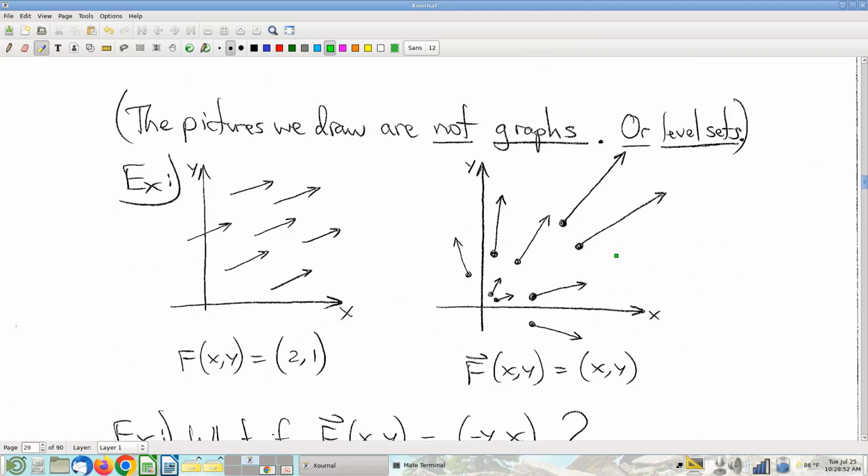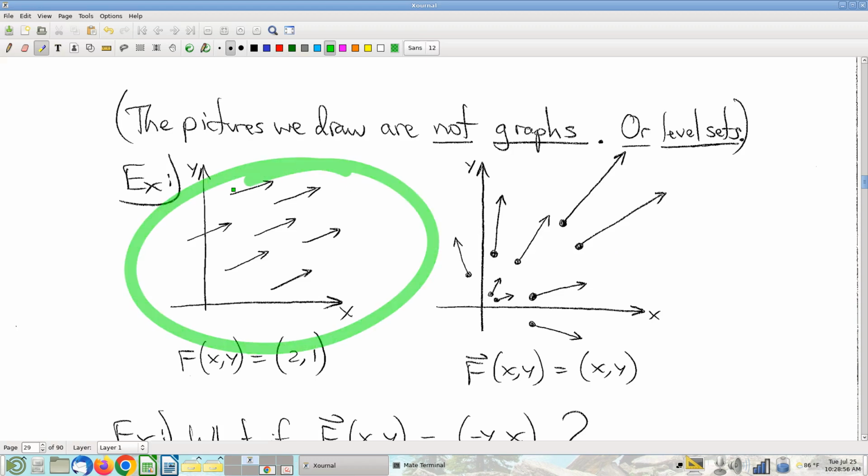Now, real quick, I do need to point out that these pictures that we're drawing are yet another new kind of picture. And remember, I gave you multiple speeches back at the beginning of chapter 13 about how you really have to pay attention to what kind of pictures we're talking about, because if we're looking at a level set of a function, calculus looks very different than if you're looking at a graph of a function, or a parameterization, right?